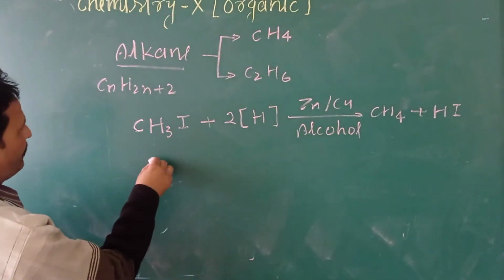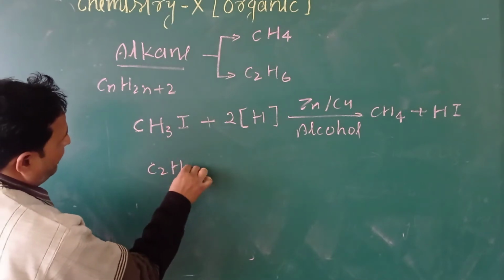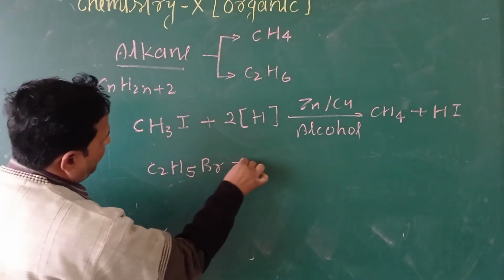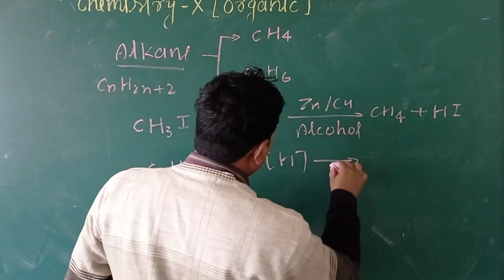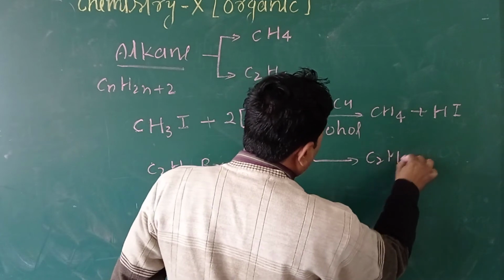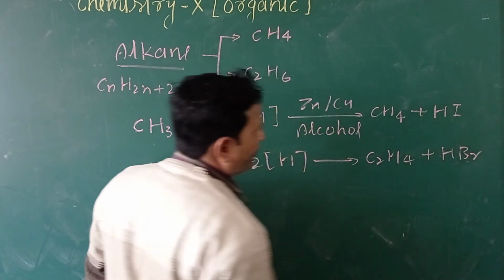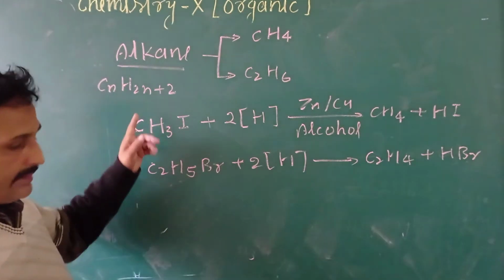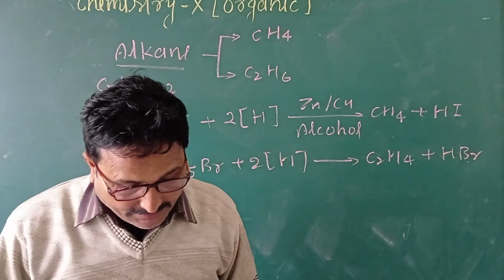Similarly, under the same condition, when ethyl bromide reacts with nascent hydrogen, it forms ethane and hydrogen bromide. So this is the general method for the preparation of methane and ethane.